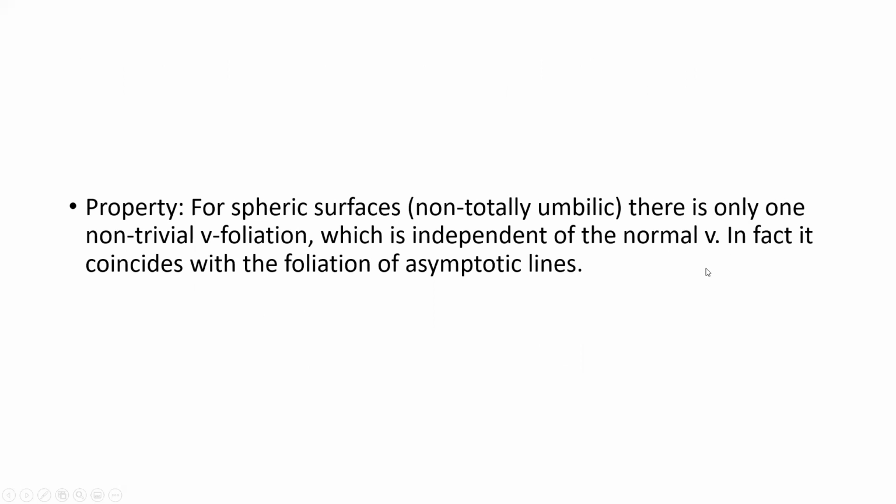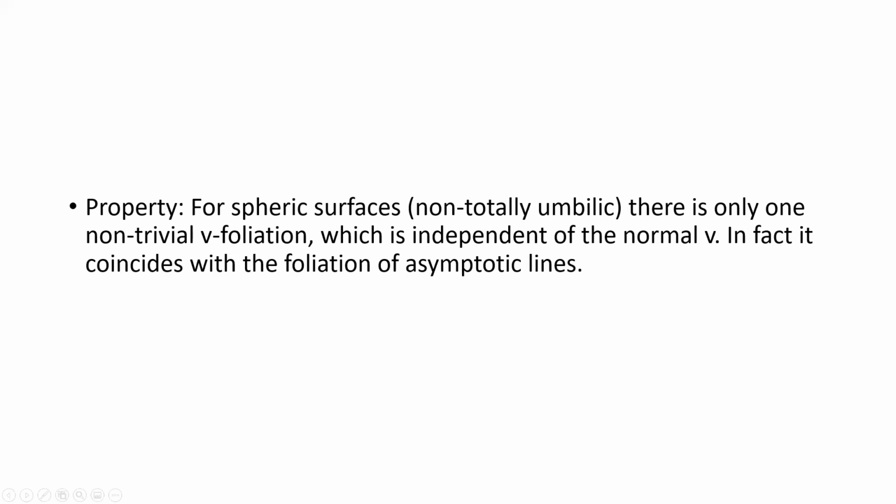If you have a surface immersed in S3, contained in R4, in fact you have one normal direction, the radial vector field, which is umbilic, of course, because it's spheric. But you can have the other normal direction defining foliations, not trivial foliations. The point is that, in fact, there is only one foliation independently of the normal, okay? It doesn't change if you change the normal. And in fact, this foliation coincides with the asymptotic lines.